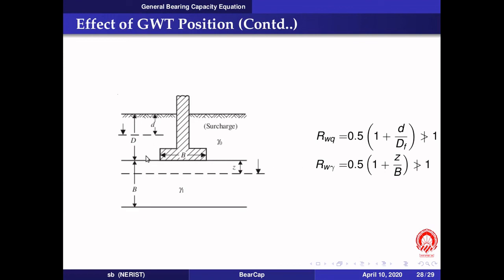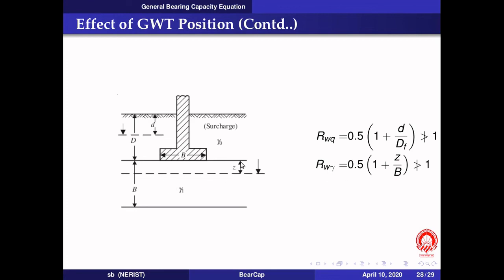When the water table is exactly at the base of the footing, this value becomes 1, because small d and capital Df become equal, so this term becomes 1, and therefore 0.5 into 2 becomes 1. That's why we take not greater than 1 here. So this portion due to surcharge is not affected, but this portion is of course affected.